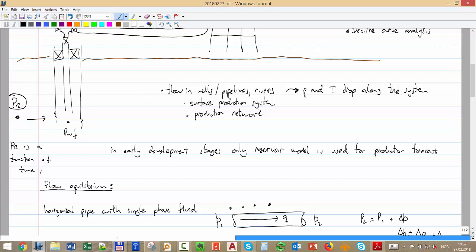But it will change very slowly. If you see at one particular point in time, let's say today, that pressure you can assume is practically constant. It doesn't change. Then if you look at your system in 1 month, it might have a different value, but you can make your analysis at that particular point in time with a fixed reservoir pressure.